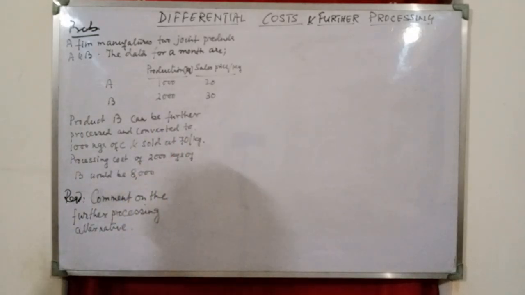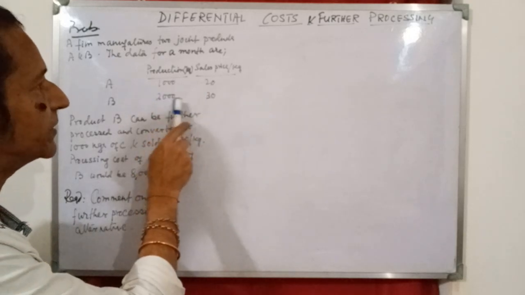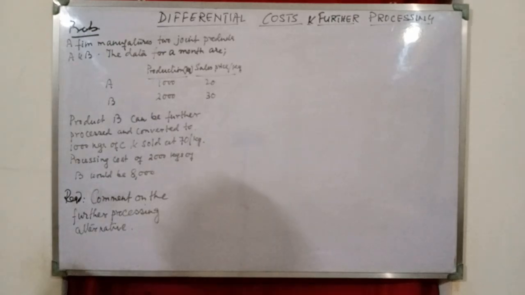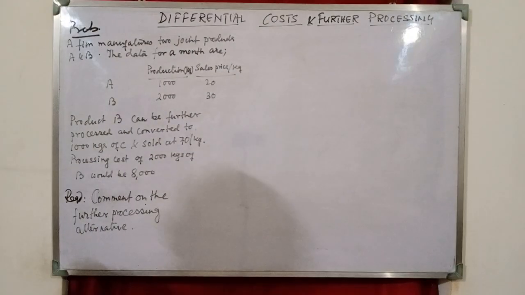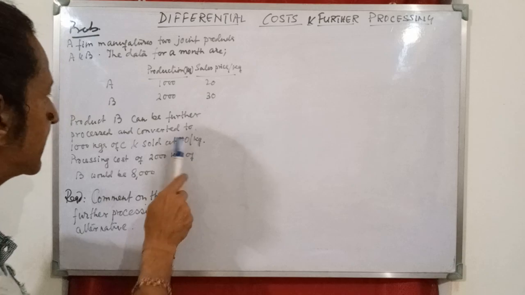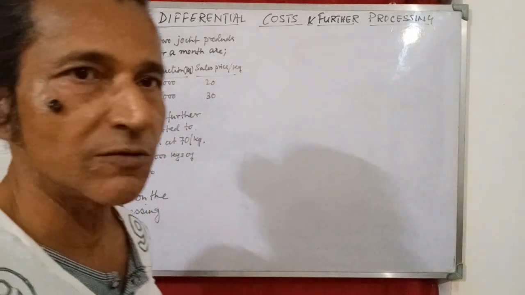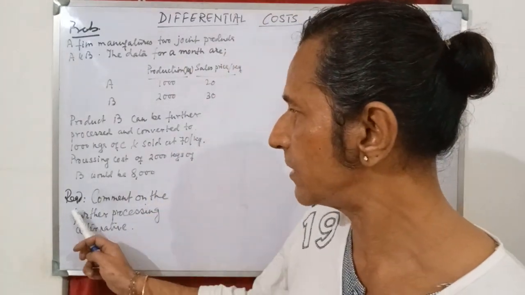This means currently the firm is producing and selling 2000 kgs of B per month at 30 per kg. Now the firm has an option to further process product B and sell it at a much higher price, that is at the price of 70 per kg, and the processing cost of 2000 kgs of B would be 8000.